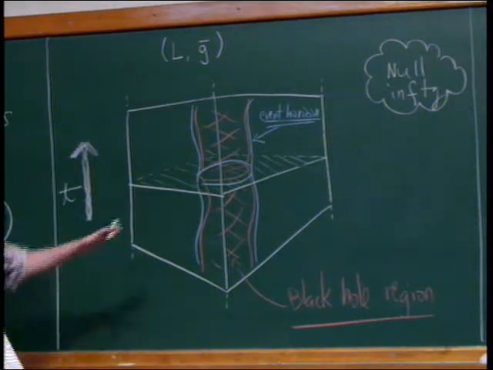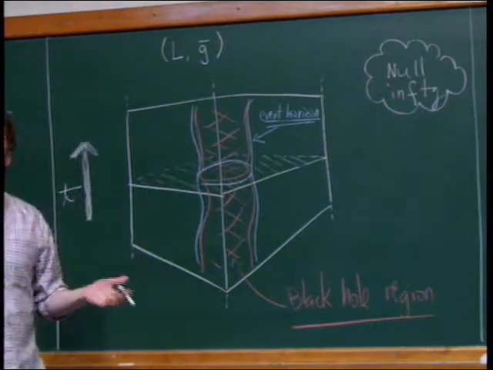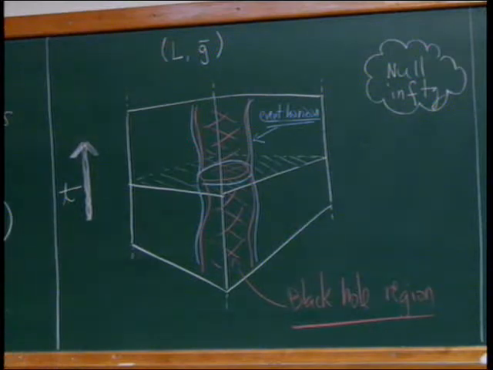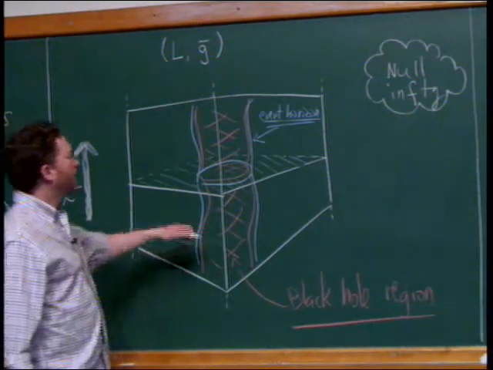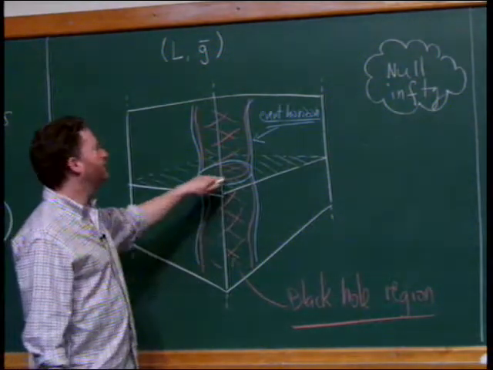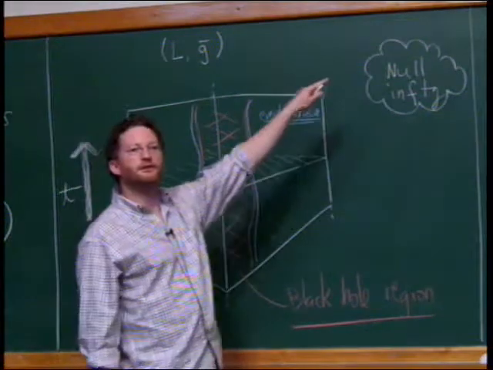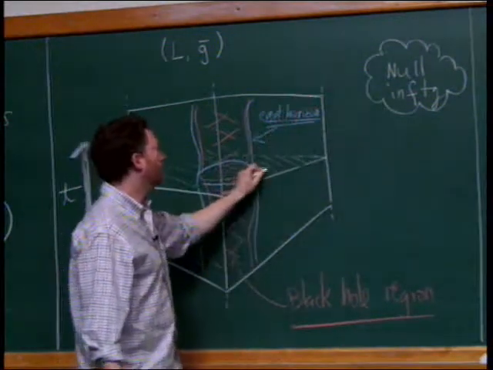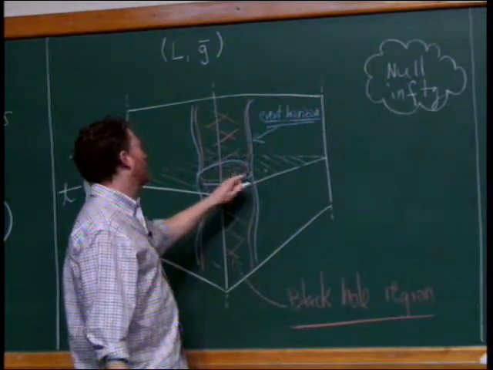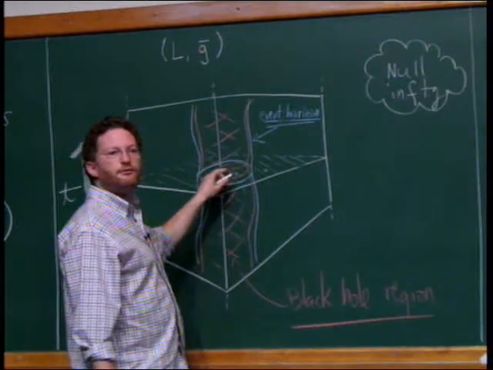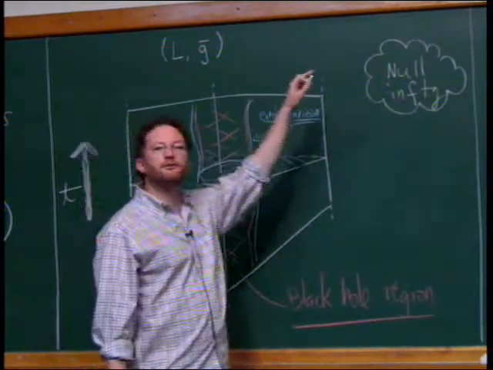And the question is to examine this slice and see what you can say about it. But the problem is that this is a highly global question, namely, you need to know the whole space-time to see whether you will ever be able to reach null infinity. You may be standing here or here, and you think you will never be able to reach null infinity, but maybe later on you will be able to reach it.